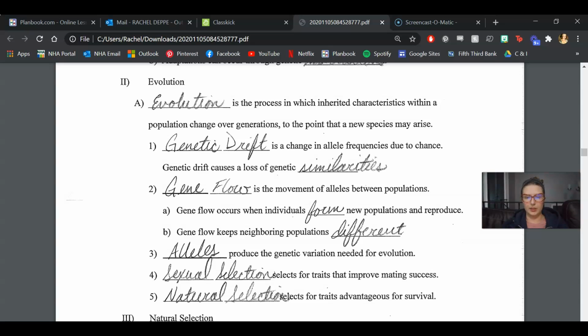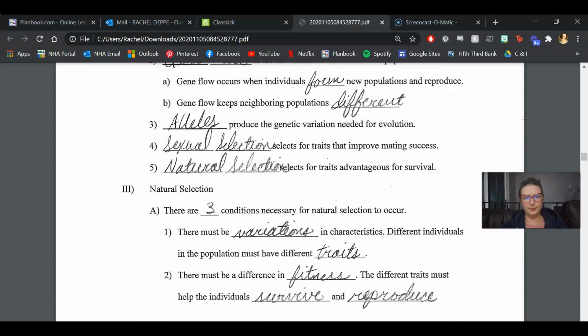An allele is basically the information that's passed through genetics. We will be talking more about that as we go through this unit, but make sure that you get those notes down and we can, in class, go through more of what each of those terms means in context.